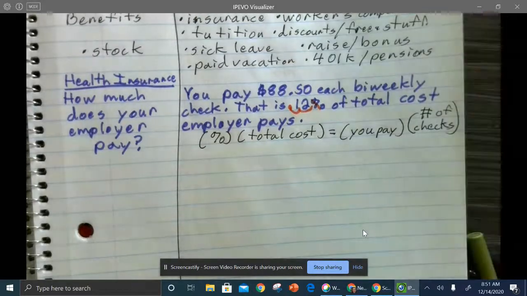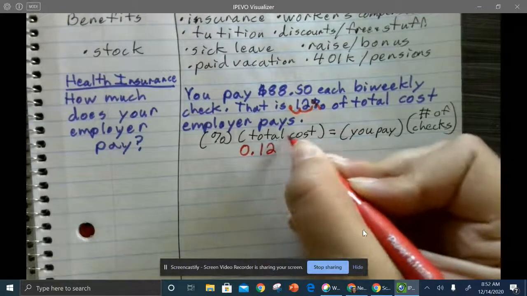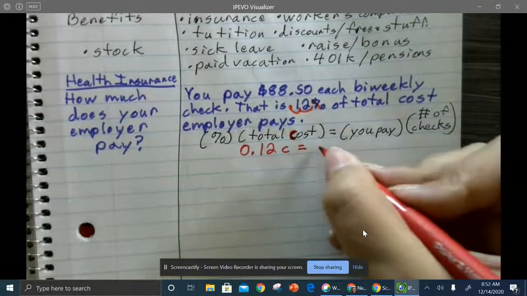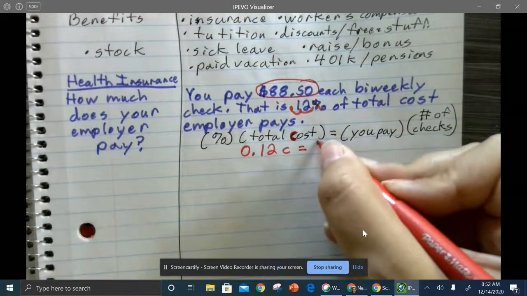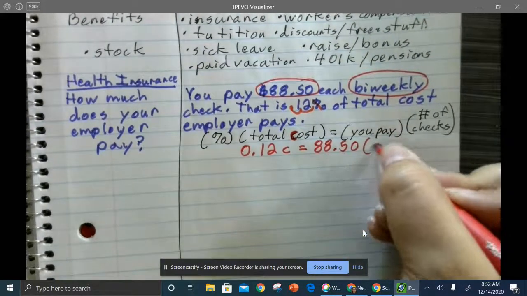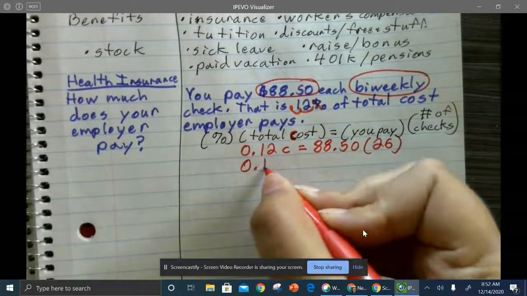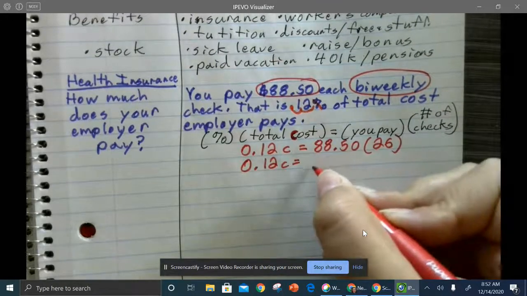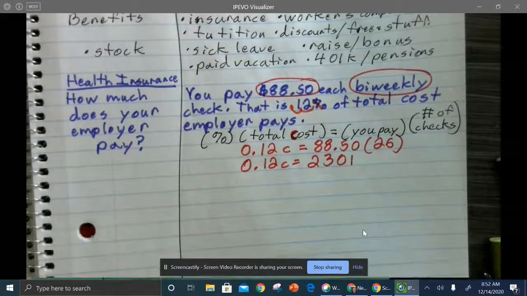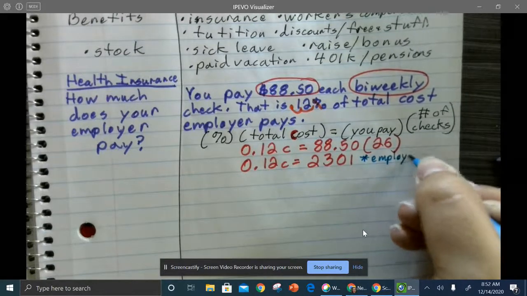So 12% is the decimal. Total cost is C, so I'm going to use a C for cost, is equal to $88.50. Bi-weekly is going to be 26, so 26 paychecks in a year. Okay, so we get 2,301. Okay, so everybody, that is the amount that the employee pays. So you as the employee, that's what you pay.